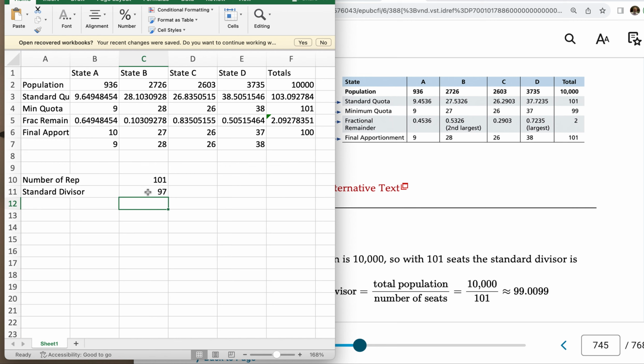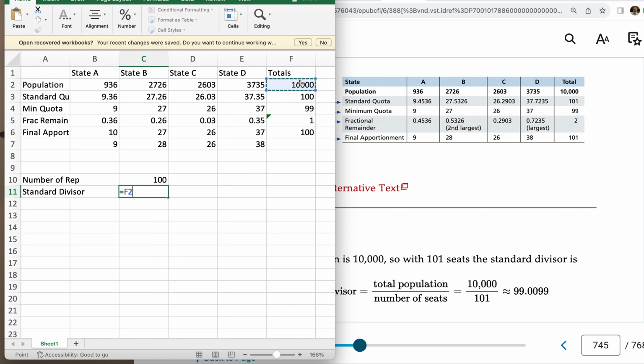Remember, the standard divisor was 100 when there was 100 representatives, and we got that by the formula: total population divided by the representatives.